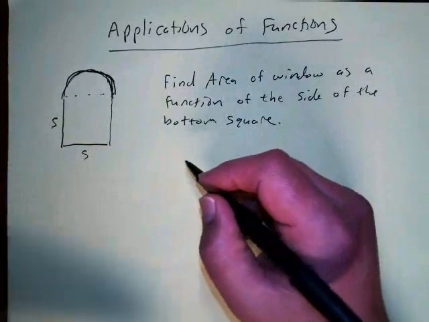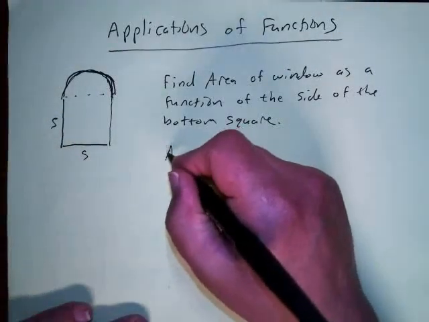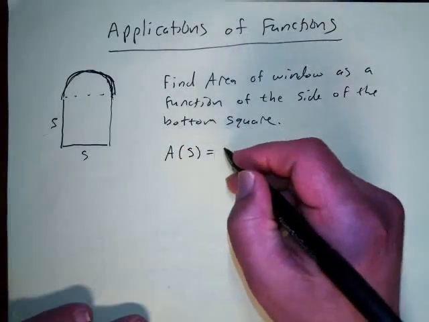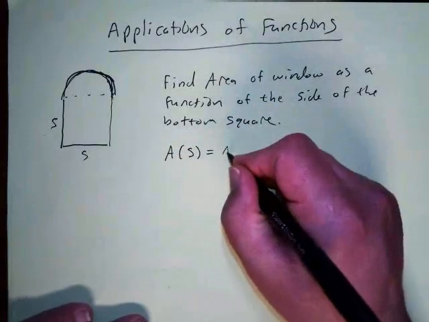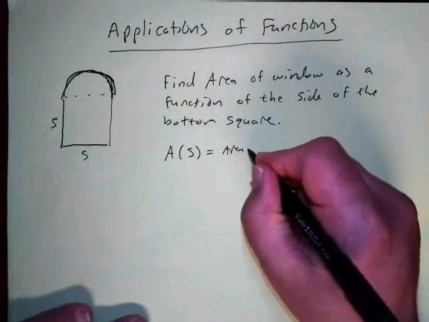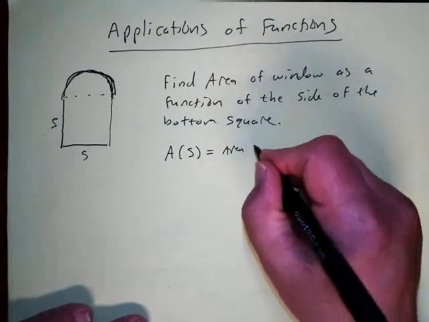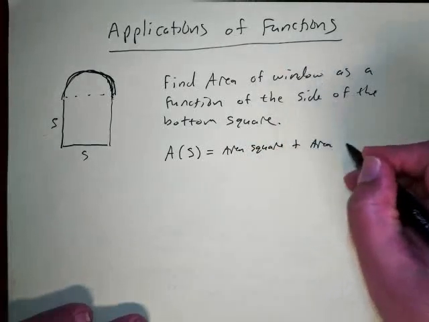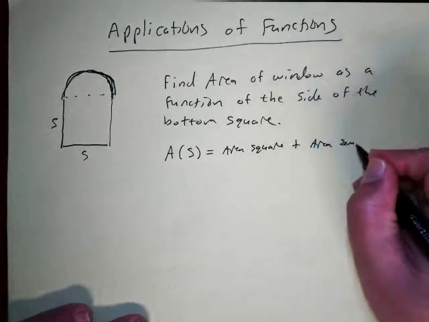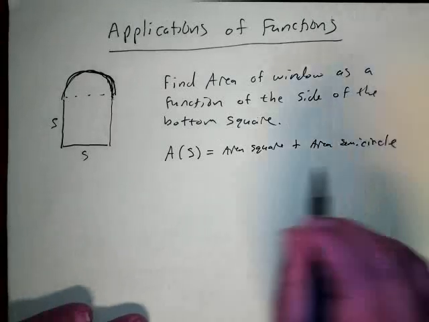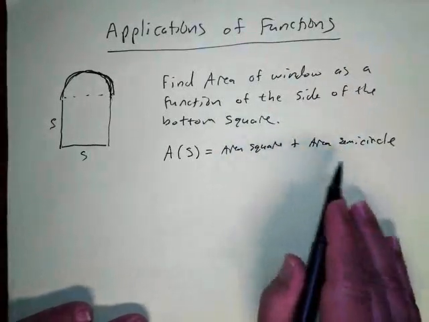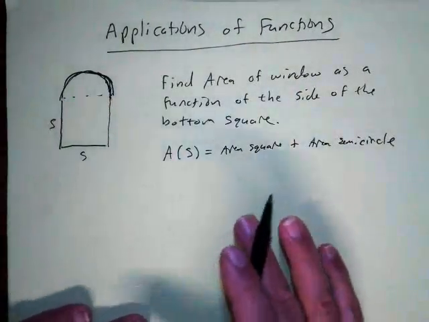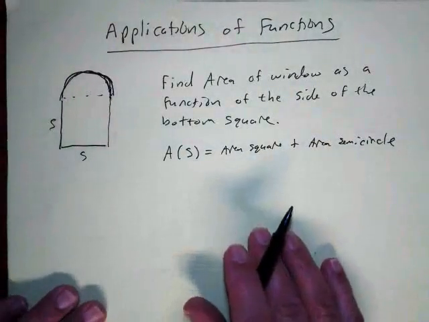So really what you want here is the area of the window as a function of S. It's basically the area of the square plus the area of the semicircle, right? So we just have to find expressions for each of those, and then we can find the total area.